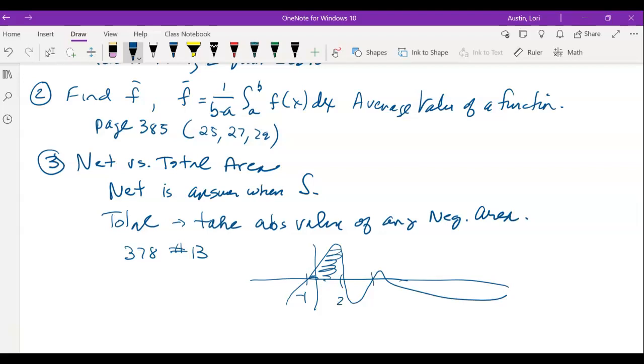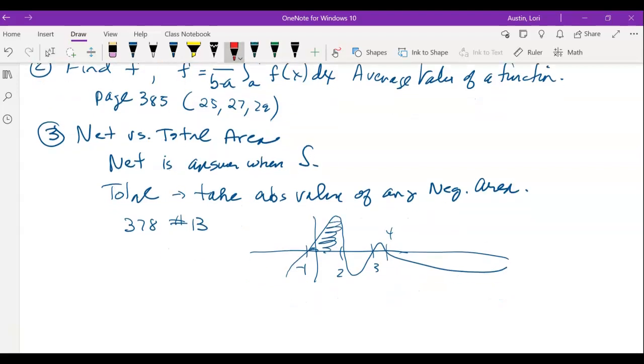I'm so making this up. I know this makes zero sense at all. Okay? And I'll give you the area, like area A equals 10.